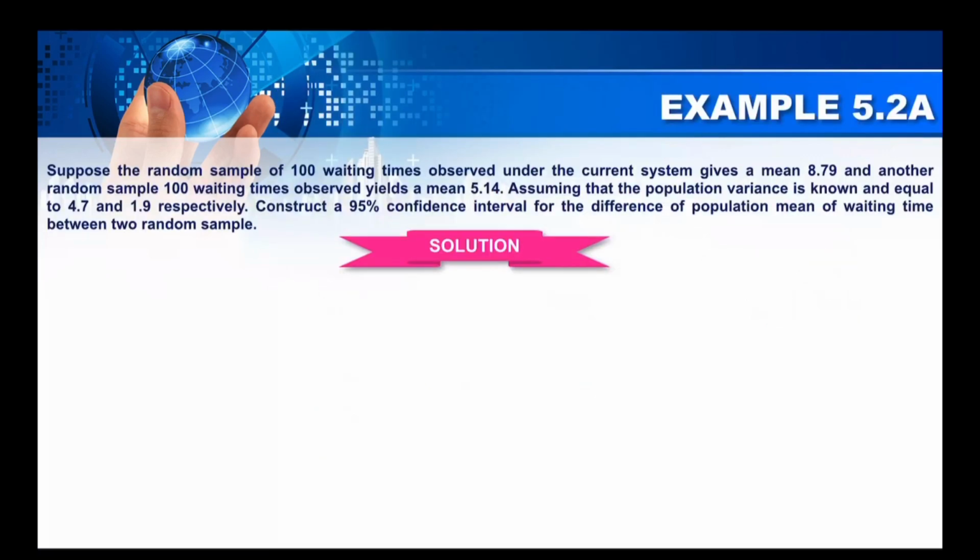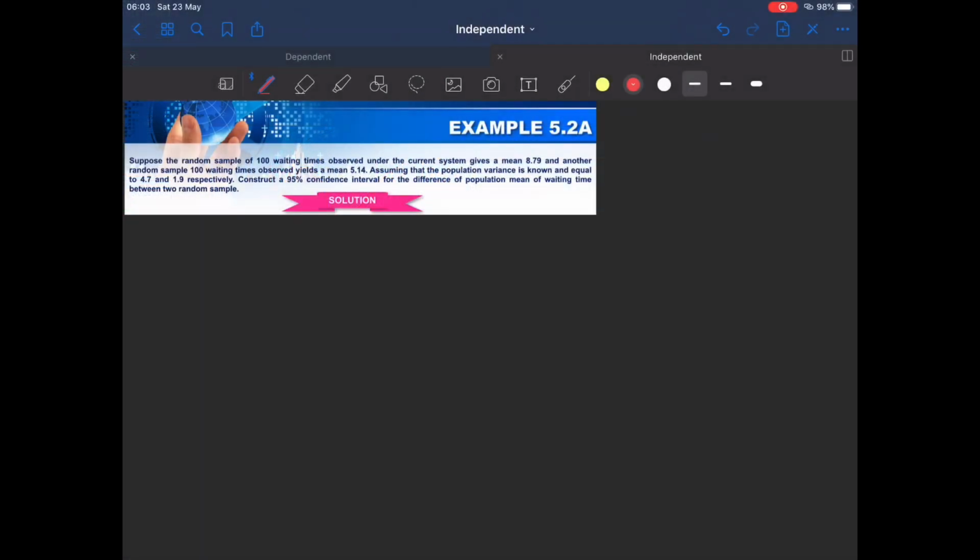Alright, so let's look at how to solve example 5.2a. Suppose a random sample of 100 waiting times observed under the current system gives a mean of 8.79, and another random sample of 100 waiting times observed gives a mean of 5.14.